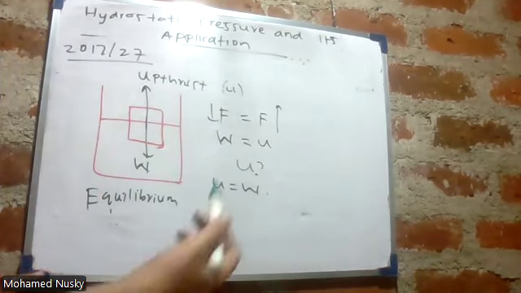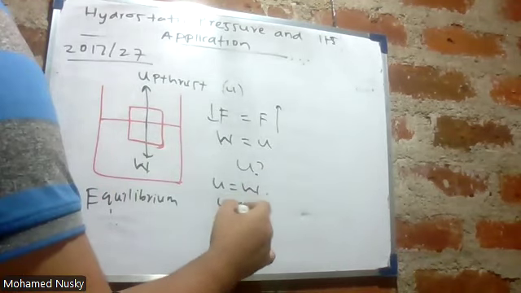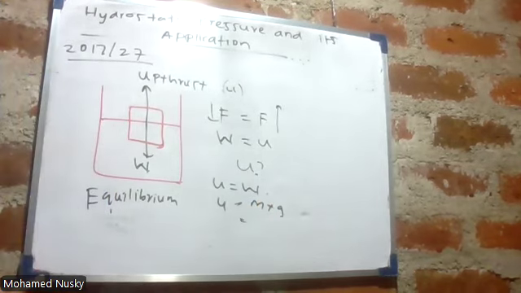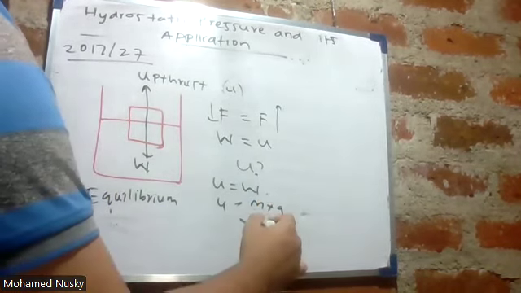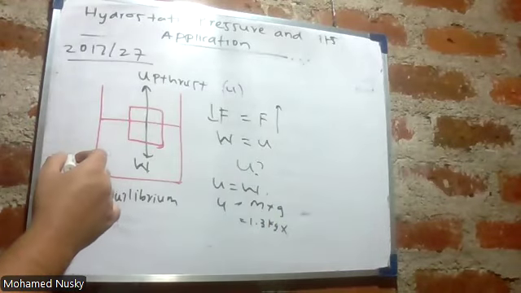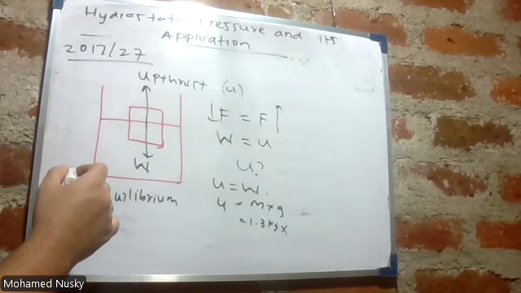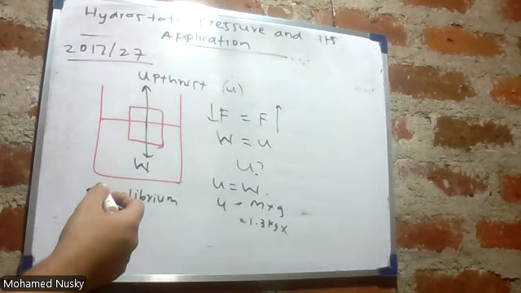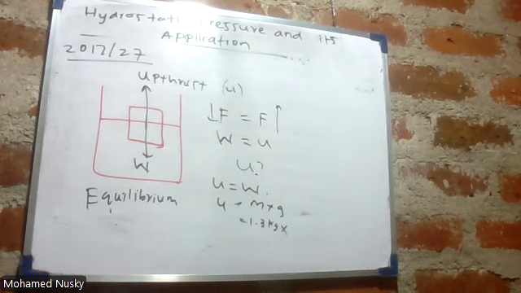Weight is equal to mass into gravitational acceleration. They have given the mass, 1.3 kilogram, into gravitational acceleration.